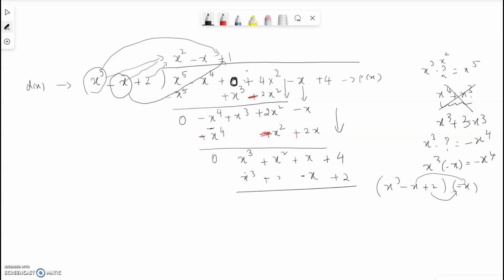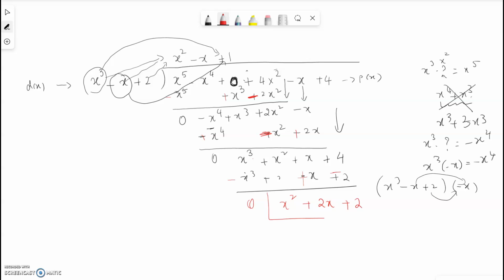Now we subtract. Subtraction is first changing the signs and then adding. So we have 0 here, x squared plus 2x. 4 minus 2 is 2.